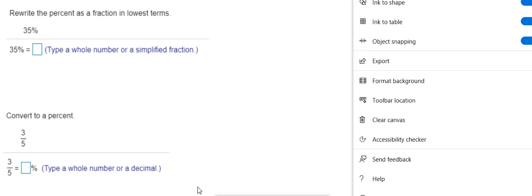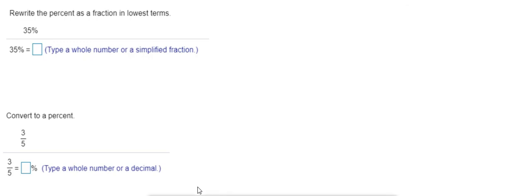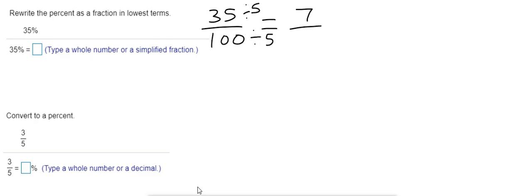Rewrite the percent as a fraction in lowest terms. 35% is the same as 35 over 100. To reduce that to lowest terms, if I'm doing this by hand, I might notice first that the top and bottom are both divisible by 5. 35 divided by 5 is 7. 100 divided by 5 is 20.